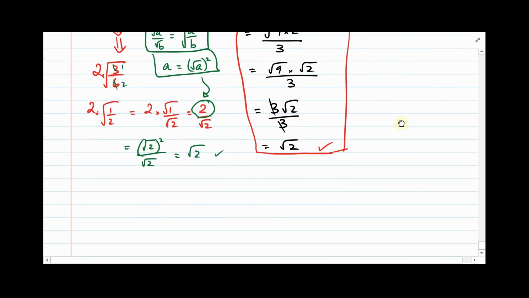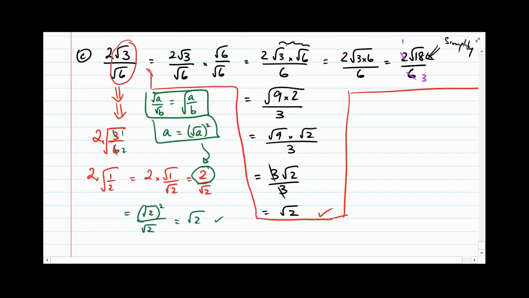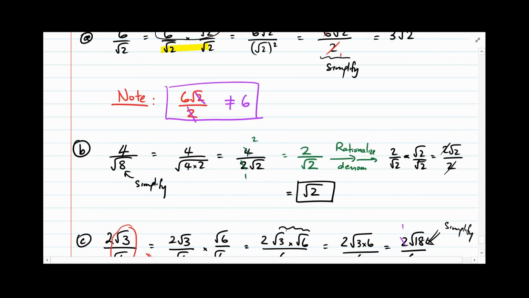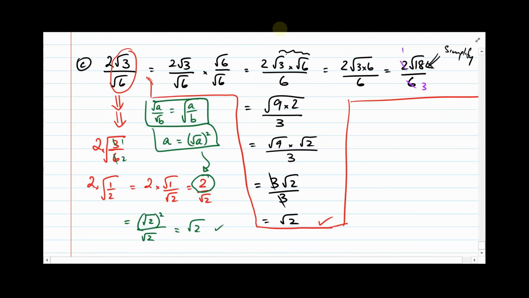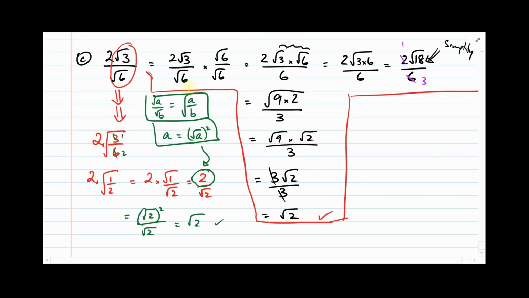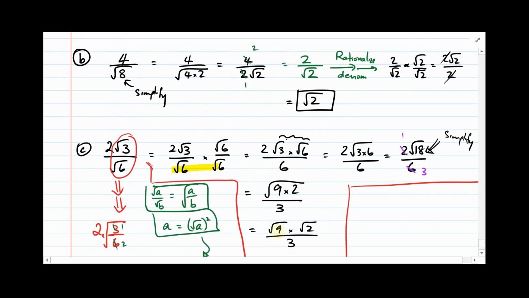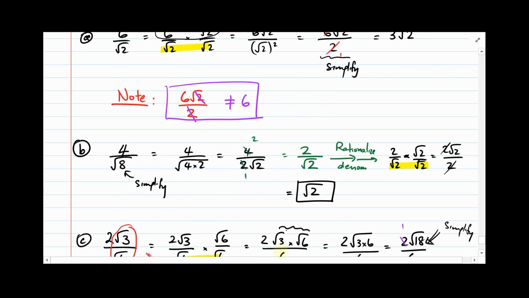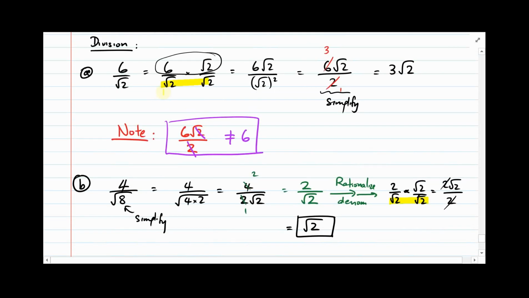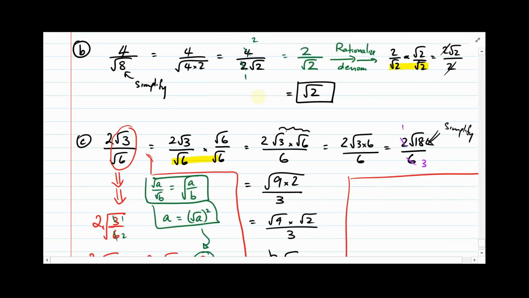So in the case when we had a single root on the denominator, we've looked at this idea of rationalizing and hence multiplying by whatever root was there. We did it in all those cases.